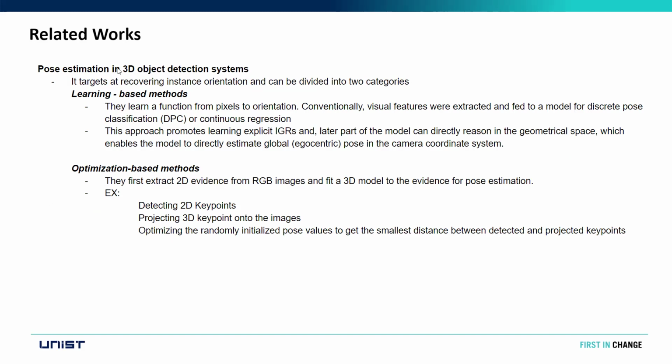For pose estimation in a 3D object detection system, the aim is to recover the instance orientation. There are usually two types of methods. The first are learning-based methods, which learn a function from pixels to orientation, and then do discrete pose classification or continuous regression to get the 3D information.